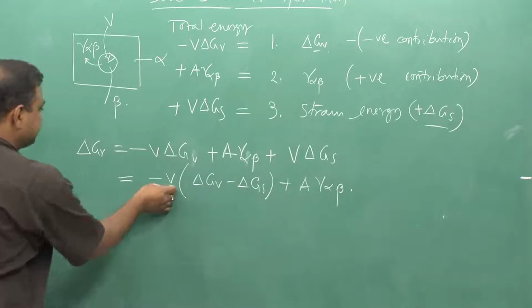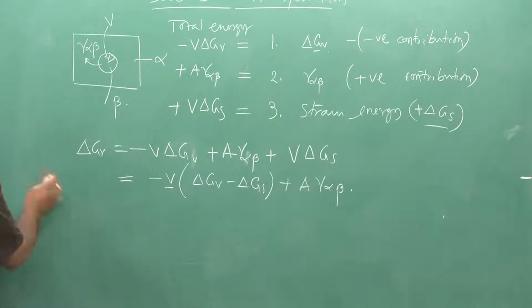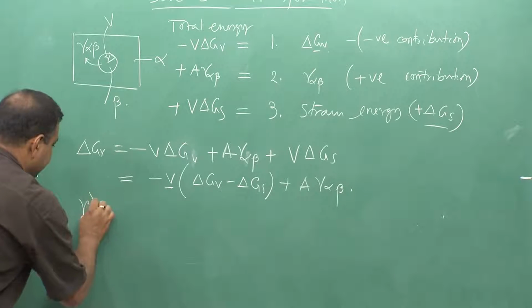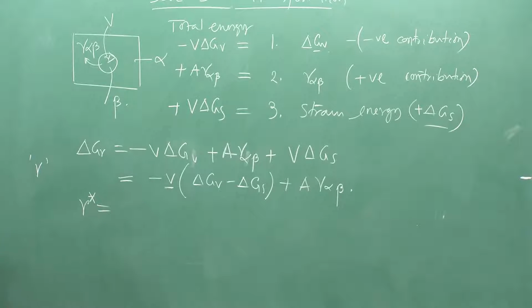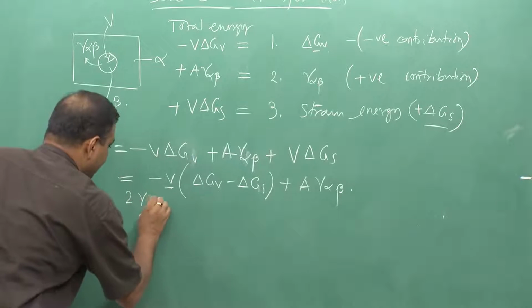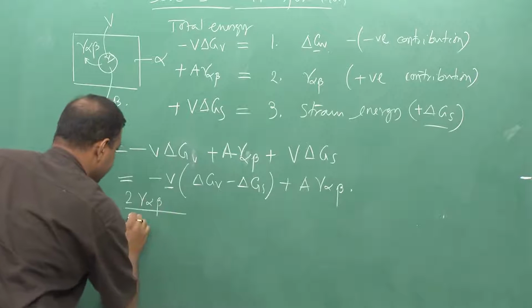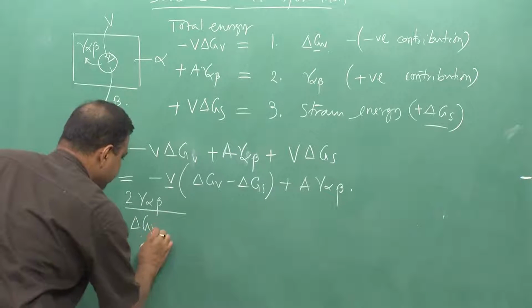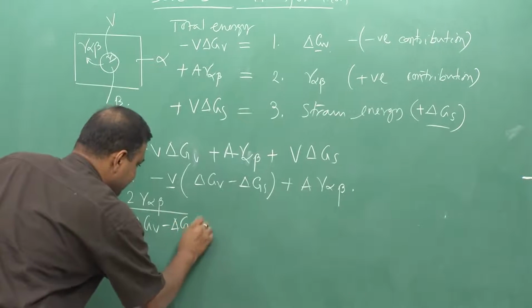And now if this is spherical, if we consider a sphere of radius r, at that time we can calculate the critical radius. The critical radius would be 2 gamma alpha beta divided by delta GV minus delta GS.